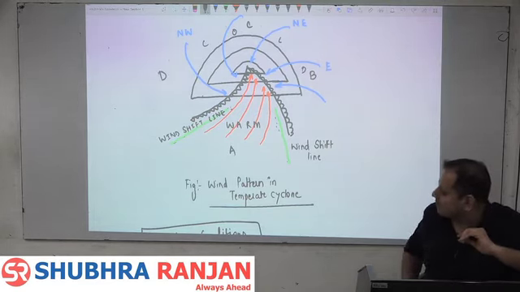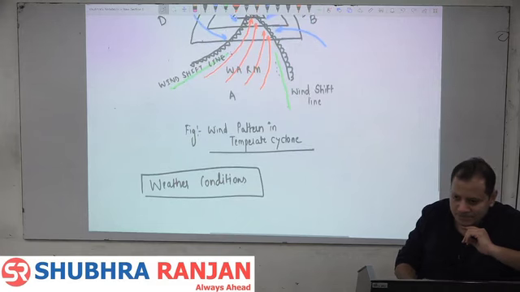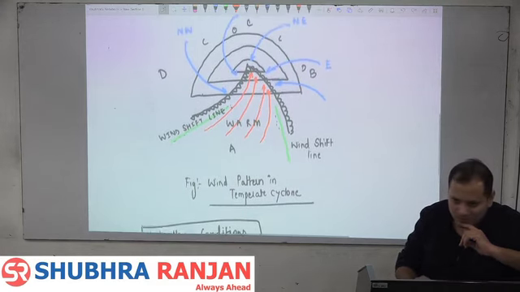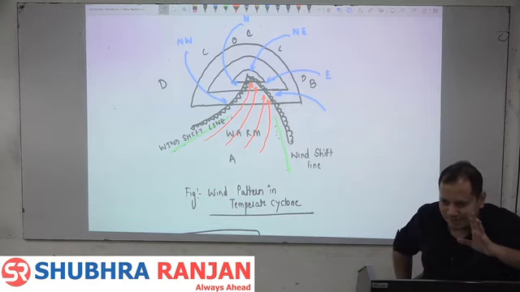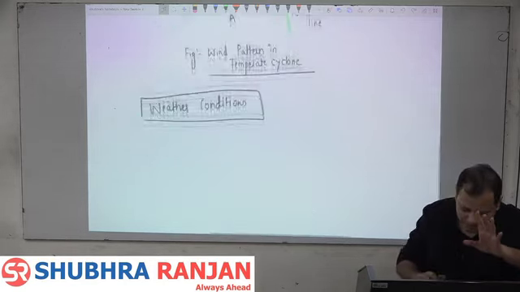In GS we will not go into southeast, southwest, not in that much detail. In GS they will keep it very simple. Southern part has the higher temperature.